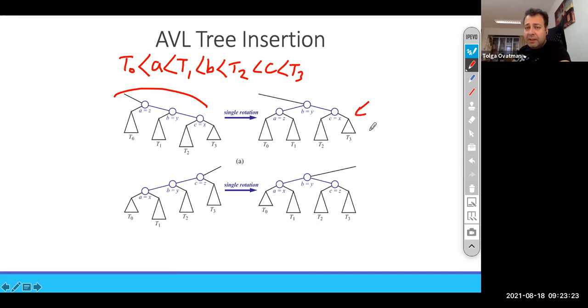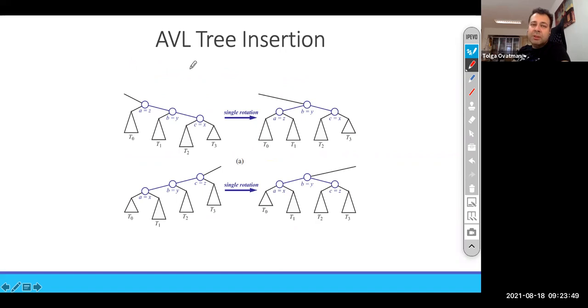And if you look at this, you need to keep the same order to keep the binary search tree properties. You go from T0, T0 is less than A, B, everything else, and then A comes, and then T1 comes, and then B comes, and then T2, and then C, and then T3. So this is also referred to as keeping the in-order structure.